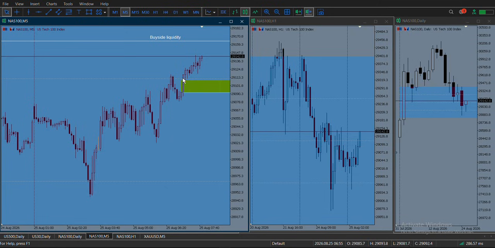So trading higher. We opened up at midnight. We've been trading higher, and the momentum here is bullish.